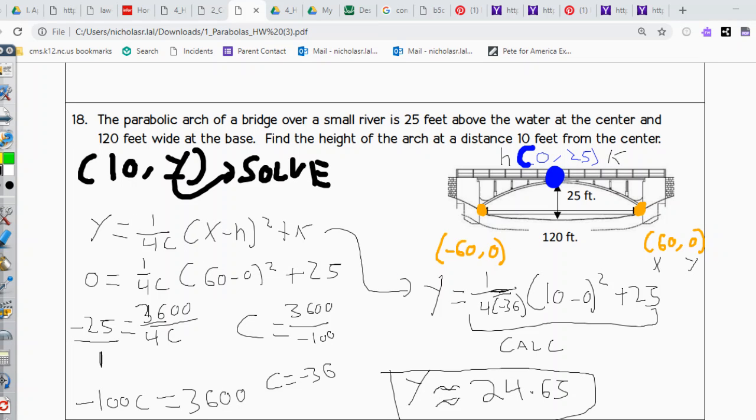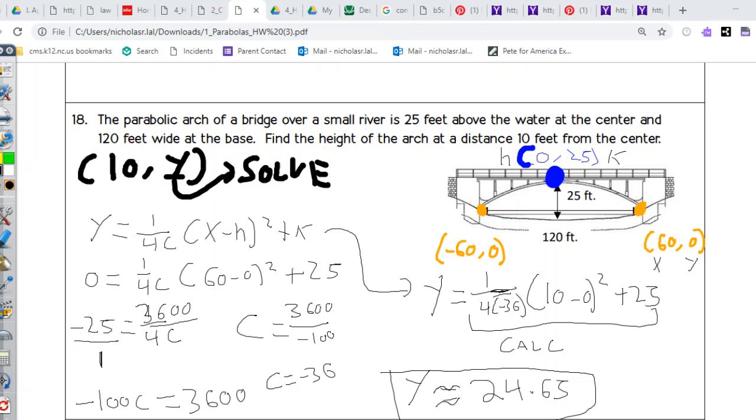All right, so let's clarify, because some people aren't getting it. We need to use our center and the point of the circle to plug into the parabola equation to find c.